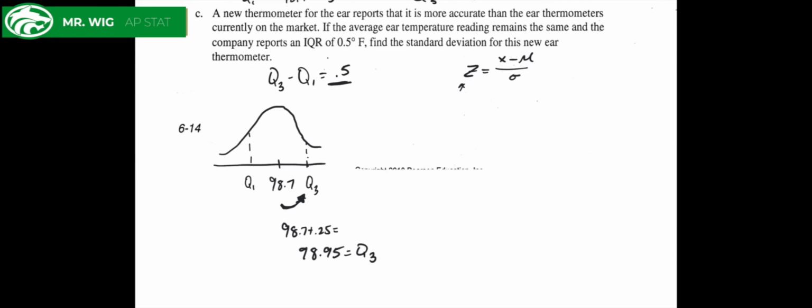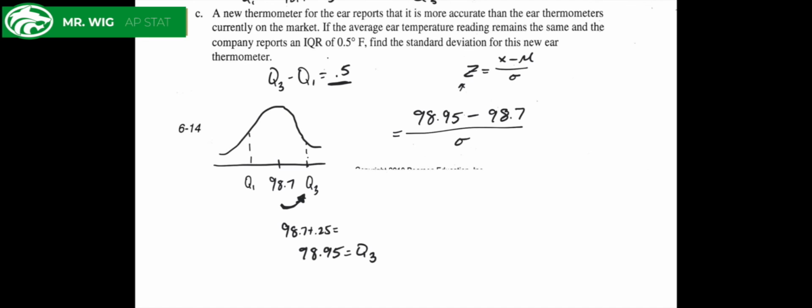So let's try this. I haven't tried this one this way. We're going to take 98.95 minus the mean of 98.7, divided by the standard deviation, equals the z-score for Q3. How do you find that out?